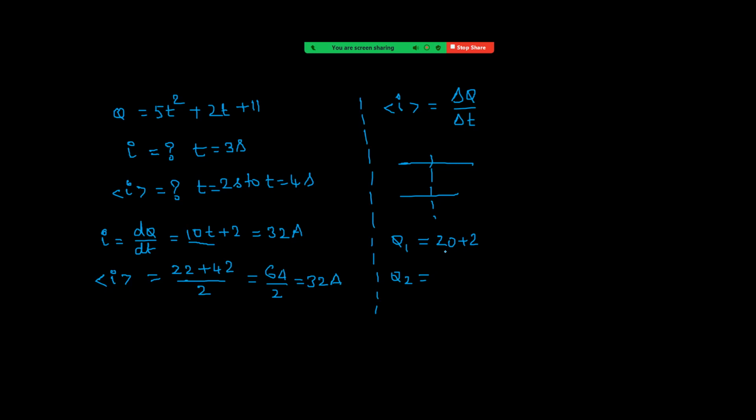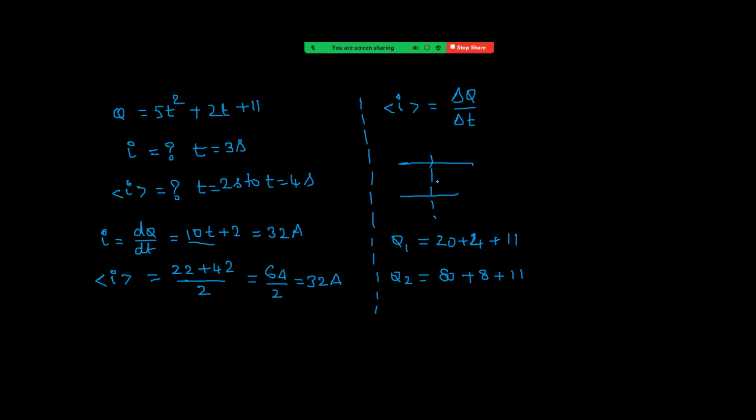In the Q1 calculation, 2 square is 4, 4 fives are 20, 20 plus 2 twos are 4. So 20 plus 4 plus 11, that is Q1. Coming to Q2, 4 square is 16, 16 fives are 80. 80 plus 2 fours are 8, plus 11.